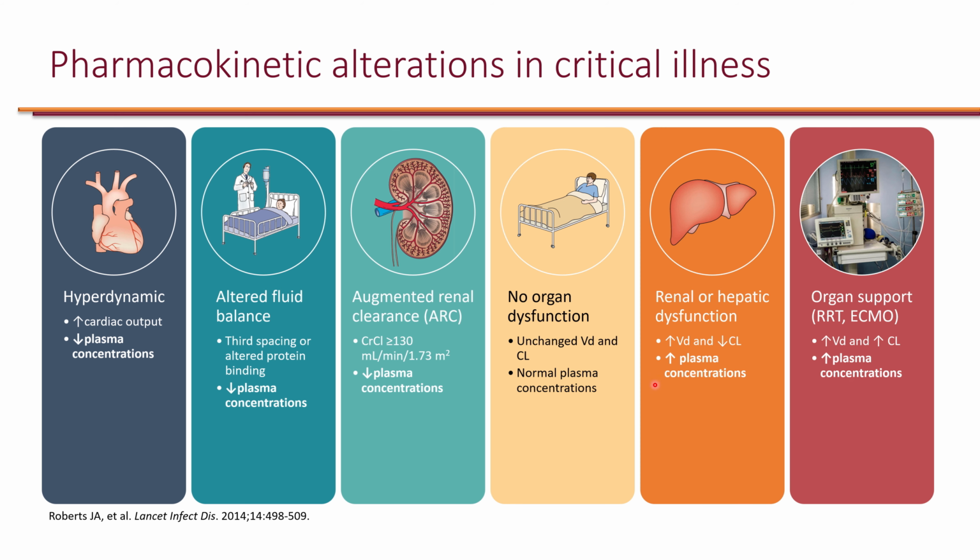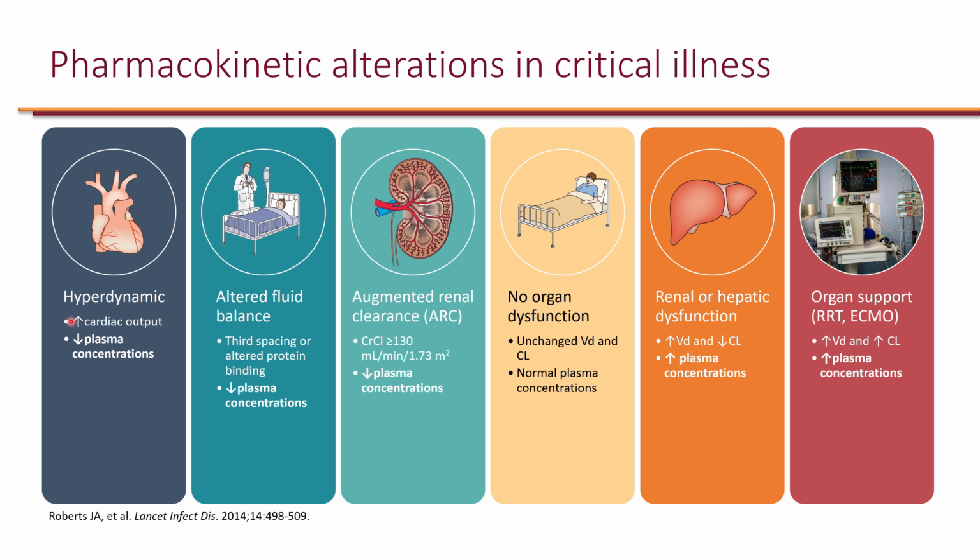Now, when it comes to critically ill patients specifically, there are important things to consider. For example, there are 3 things I have listed on the left-hand side that can lead to reduced plasma concentrations. First, a hyperdynamic environment in the patient, whether naturally, if the body is responding to, let's say, a drop in blood pressure due to the infection, or whether we are actually causing this by giving pharmacologic agents such as vasopressors.